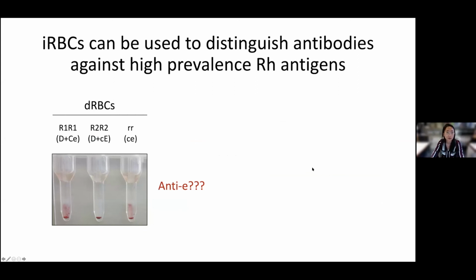So what we really want to sell the IRBCs on is that they can detect antibodies against high prevalence RH antigens, because they can often look like something else.